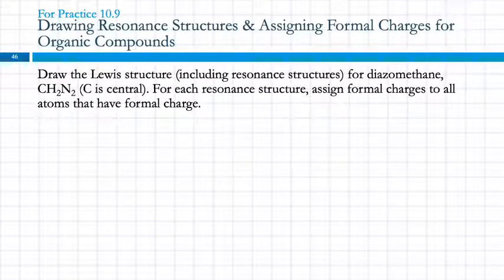Mostly. Okay, let's practice. Draw the Lewis structure, including resonance structures, for diazomethane, CH2N2. And I'm telling you that carbon is central. For each resonance structure, assign formal charges to all the atoms that have formal charge.